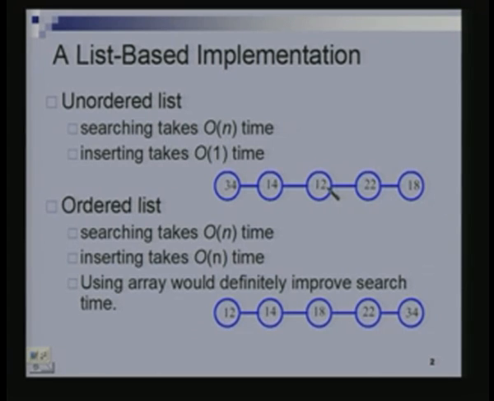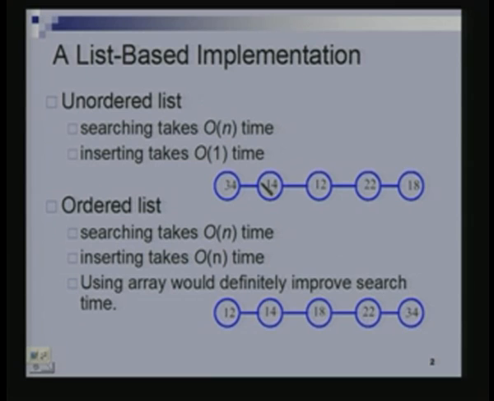So, 12 is the smallest key, 14 is the key larger than that, then 18, 22 and 34. So, 34 is the largest key in here. Given the key 12, I will have to run through this entire thing to find the smallest key larger than 12. So, both successor and predecessor and min and max will all take order n time.